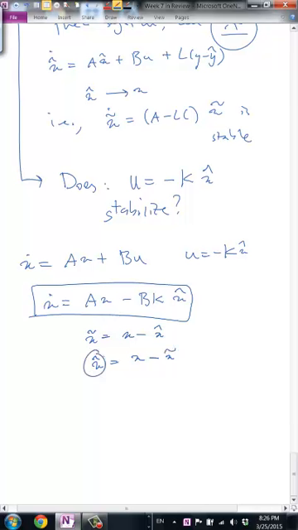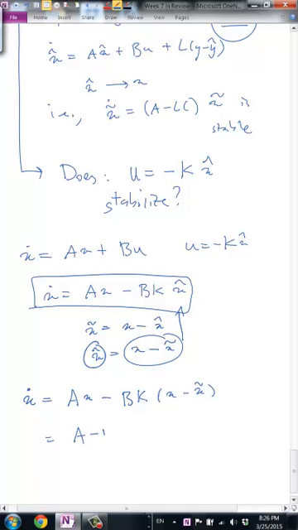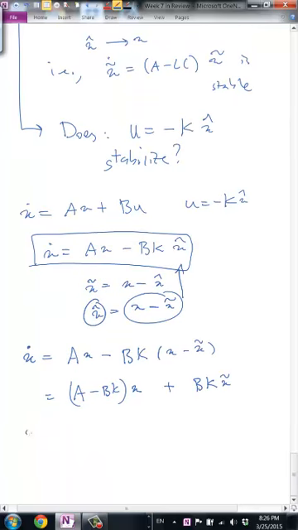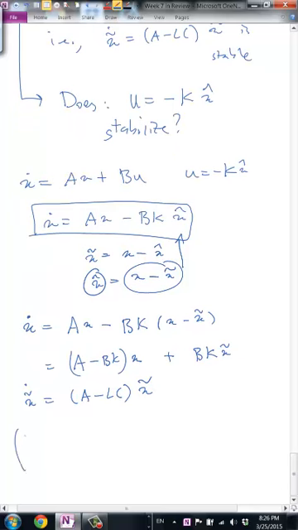Plugging this expression in, we find that X dot is equal to AX minus BK (X minus X tilde), which is the same as writing (A minus BK) times X plus BK X tilde. Meanwhile, the dynamics for X tilde are, just like we had before, (A minus LC) times X tilde.